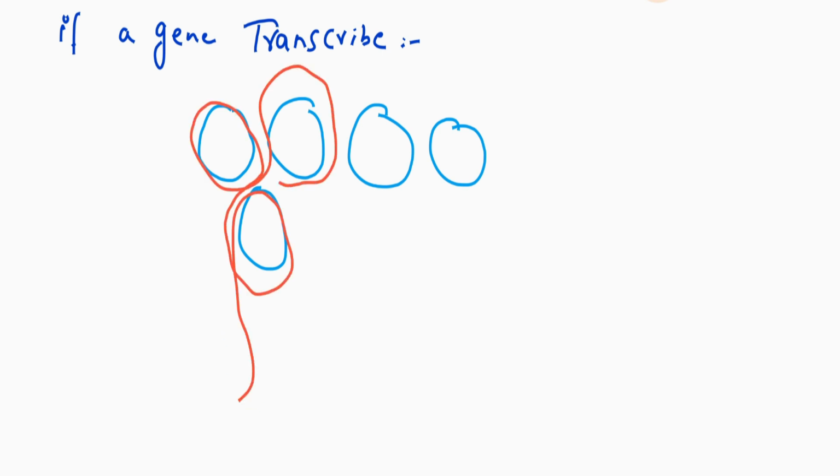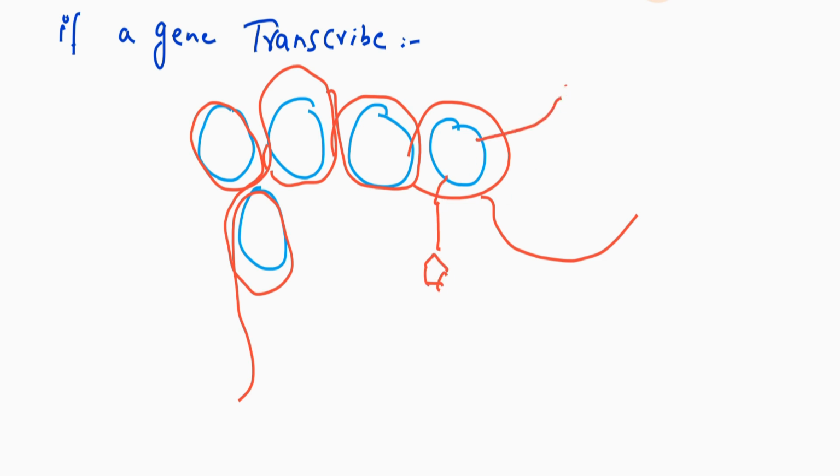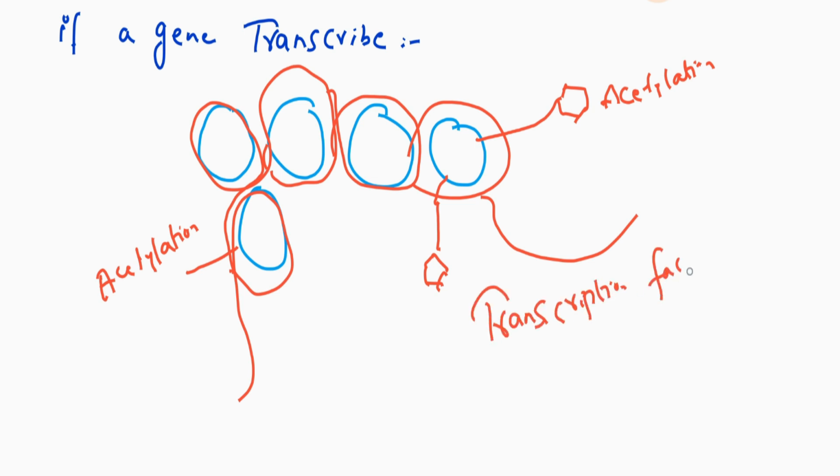This can be by the acetylation of histone proteins. Due to acetylation of histone protein, it results in loose packing of nucleosome and transcription factors bind to DNA and gene expression is regulated.